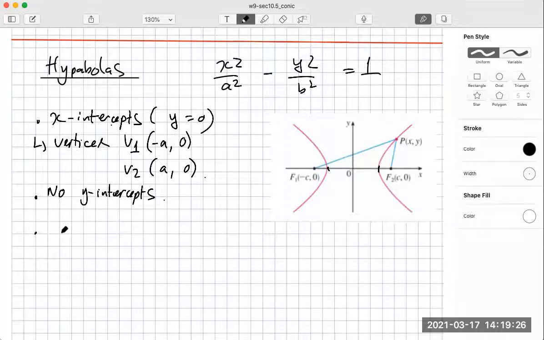From now on, in order to graph this hyperbola, draw a rectangle.